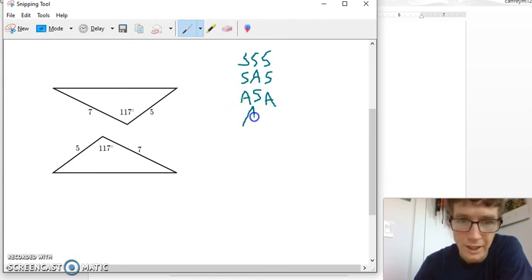Or angle, angle, side, or side, angle, angle, so AAS or SAA. Another option is hypotenuse leg, but this only applies to right triangles. And the last one, we could just say that they're not congruent, so I'm going to add that as an option as well.